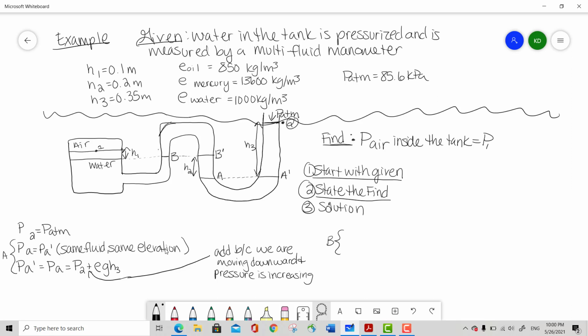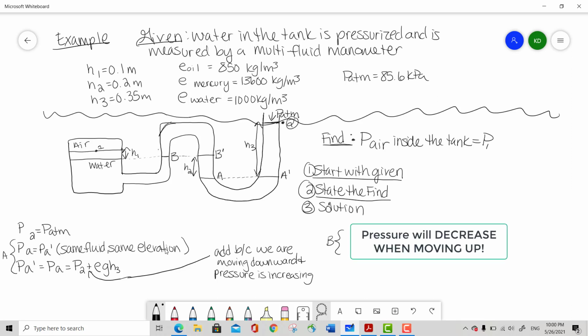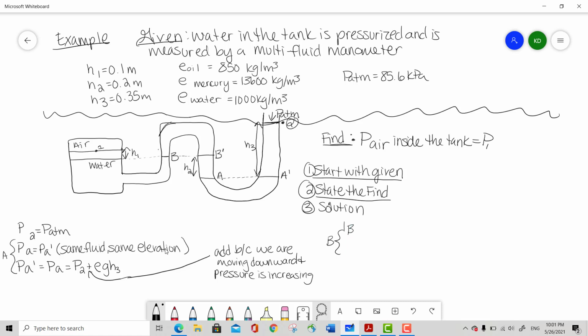We're right here, and this is the first time that we're moving up. So what do you think pressure is going to do? It's going to increase, that's right. Okay, so you've got pressure B is equal to what? B prime, right? So pressure B here, B prime is equal to pressure B. So if you're diving up to here, you're essentially diving up to here, right?